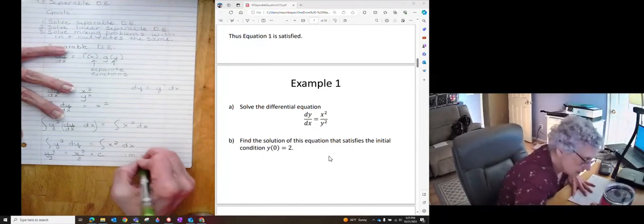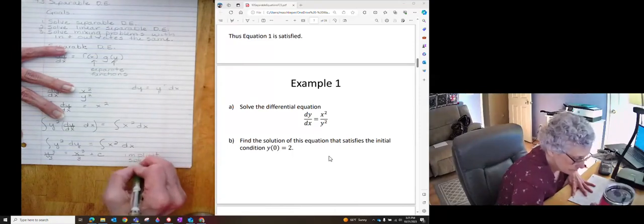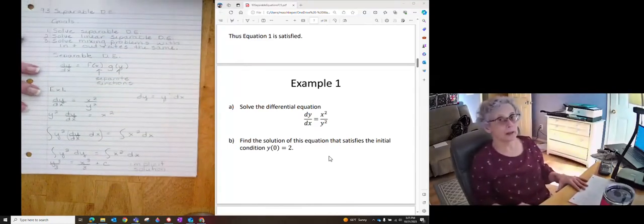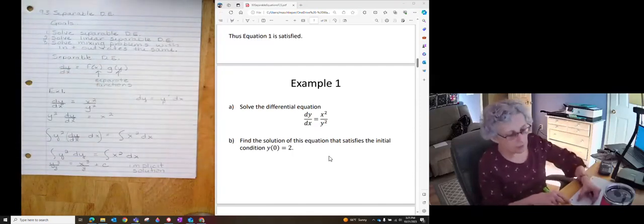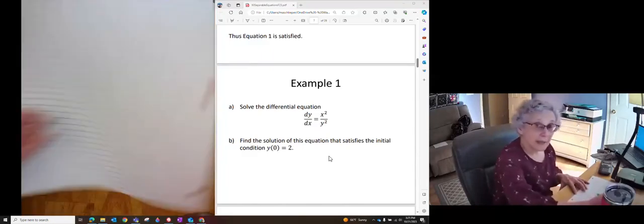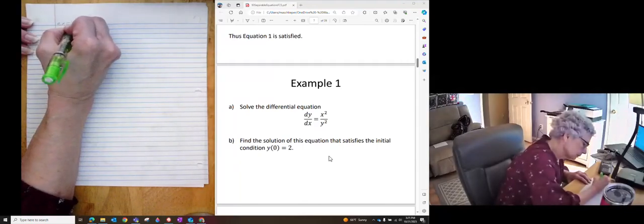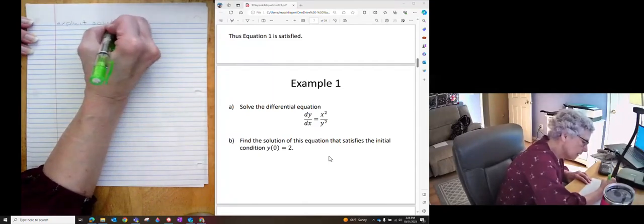This is an implicit solution. You remember way back in Calc 1 when you learned implicit differentiation, you had your x's and y's all mixed up together. If you want an explicit solution, you have to get the y all by itself.